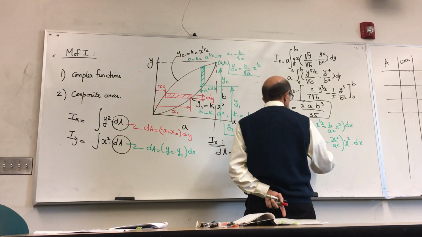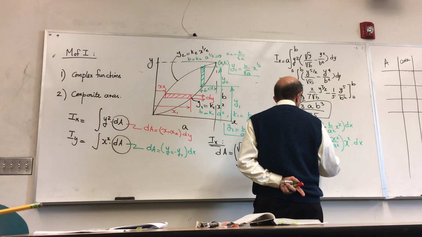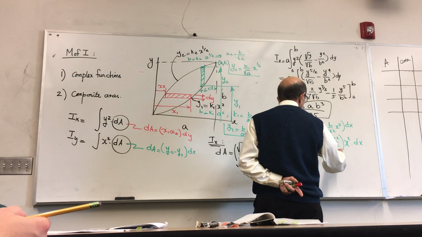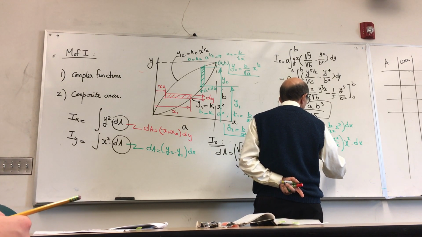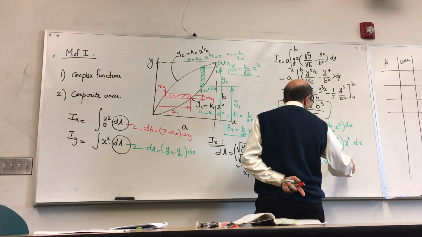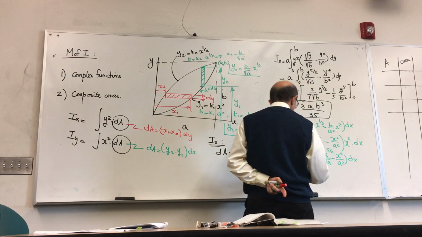So you have this times the integral from 0 to a of x to the 5/2 over square root of a minus x to the 4 over a squared dx.